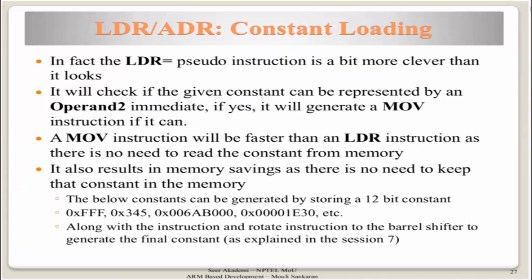So based on the constant that you have mentioned as a part of the LDR or ADR instruction, the assembler is free to choose whatever instruction it wants to perform the job. That is what is mentioned here. Some of these constants are 12-bit constants which can be represented using the instruction that I mentioned in session 7. If you don't remember, please go back and read that material to understand how this instruction can be executed.